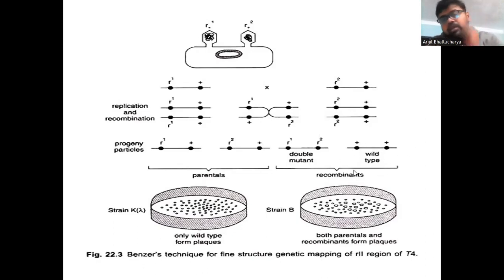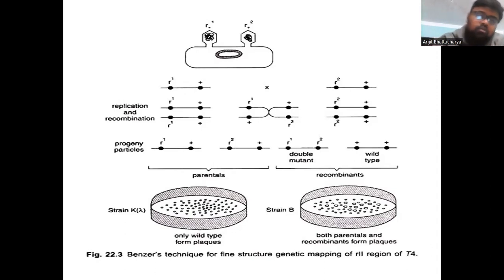Because the wild type is only half of the recombinant population, if we consider recombination frequency equivalent for all, then the number of wild type is half the total number of recombinants. So the number obtained on this plate with E. coli K multiplied by 2 divided by the total number of plaques on plate B would be the recombination frequency. That was their basic concept.